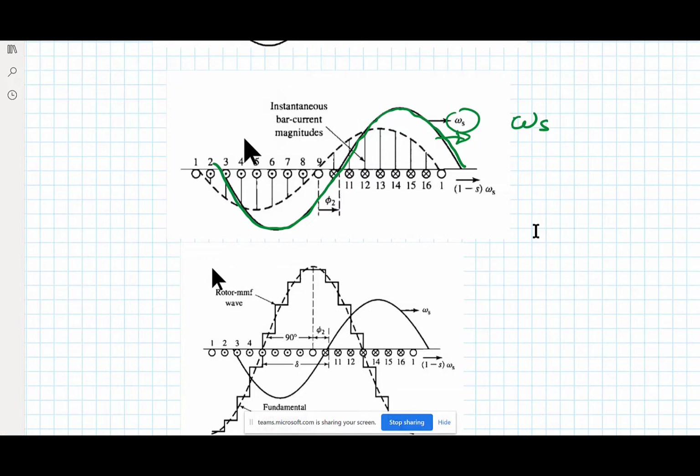Now the synchronous frequency is the speed of the flux. It relates to the electrical applied frequency in this way: 2 over poles times the electrical frequency, where omega E is 2 pi times Fe. So 60 hertz, say, you would put in there.